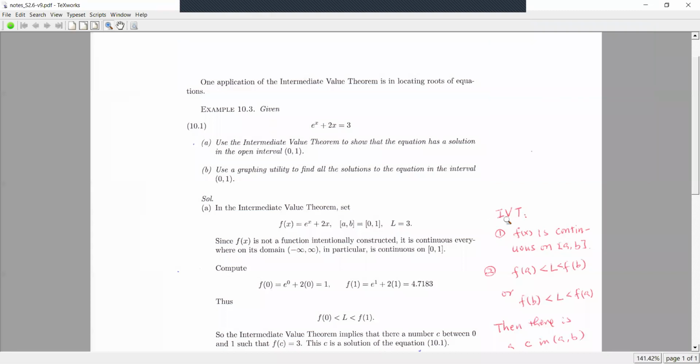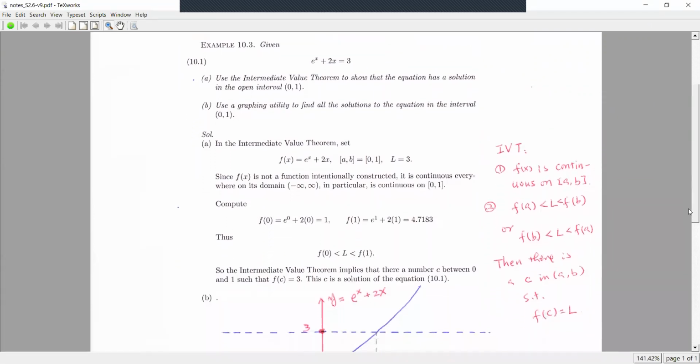The intermediate value theorem has two conditions. Condition 1, the function f should be continuous on the interval [a, b]. Condition 2, the horizontal line L should lie between the function values at the two endpoints of the interval.